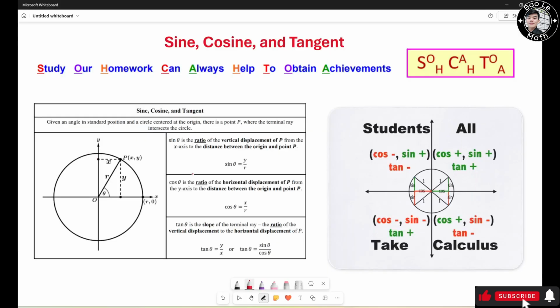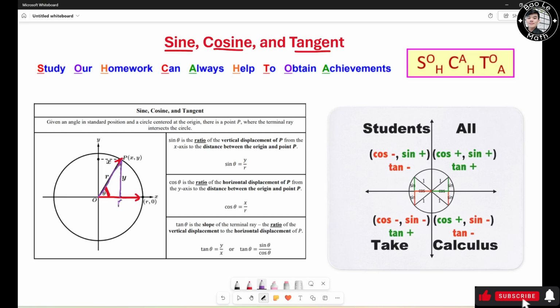So now I need to calculate sine, cosine, and tangent of the angle theta created from the initial ray right here and the terminal ray right here. Now I'm going to apply the trigonometry in the right triangle OPK.